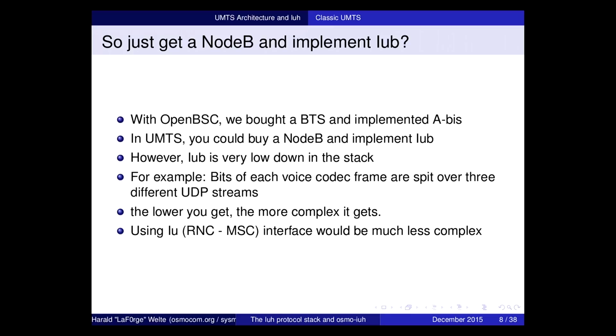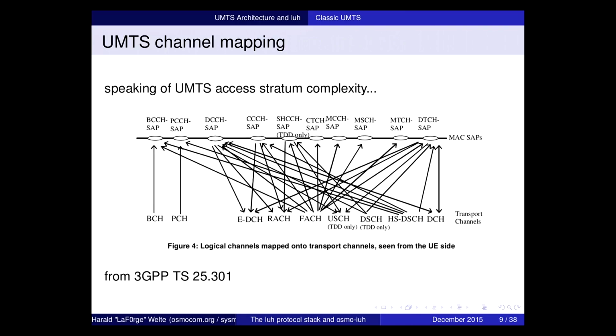Just to give you an idea, every single voice codec frame from a voice call that you receive has 3 different classes of bits, and each class of bits gets put into different UDP messages, and then you get basically 3 flows of UDP messages, and you need to synchronize and intermingle and re-interleave those bits in order to get to a speech codec frame. And I'm not even talking about the signaling plane. So the lower you get in UMTS, the more complex it gets. Let's try to avoid that. And that's the kind of complexity that I like to avoid.